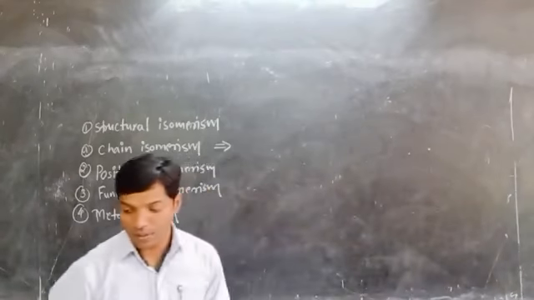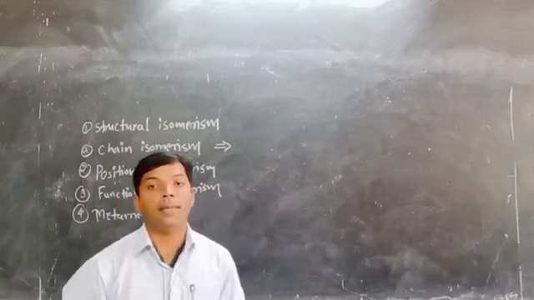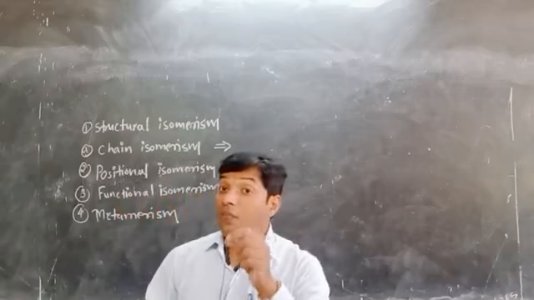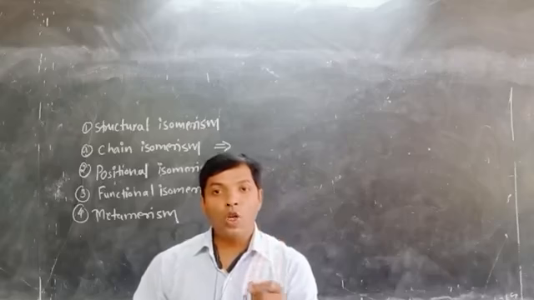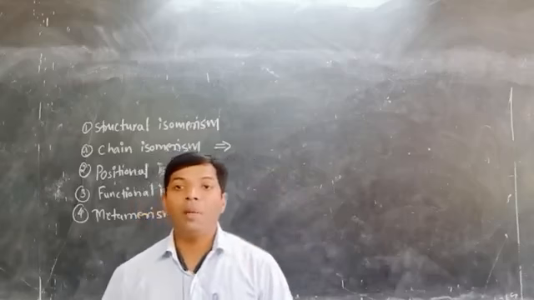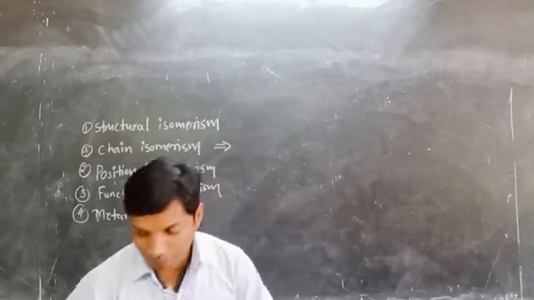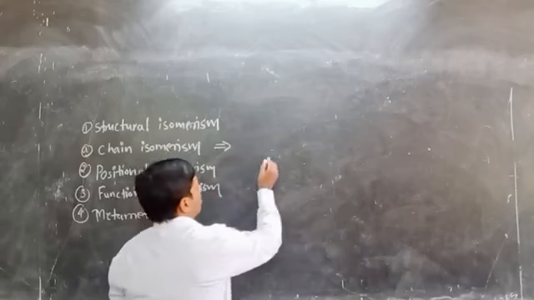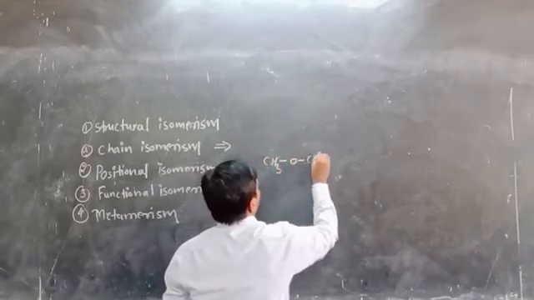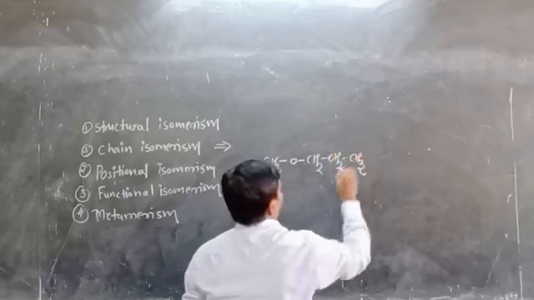What do you mean by metamerism? In metamerism, when two or more compounds have the same molecular formula, but they differ in the distribution of alkyl groups around the functional group, they are called metamers, and the phenomenon is called metamerism. For example, I will write CH3, O, CH2, CH2, CH3.